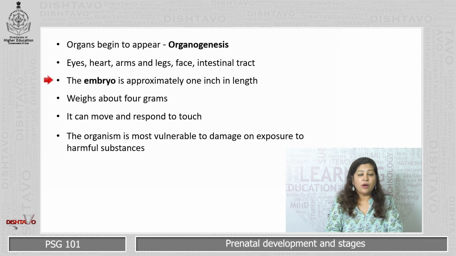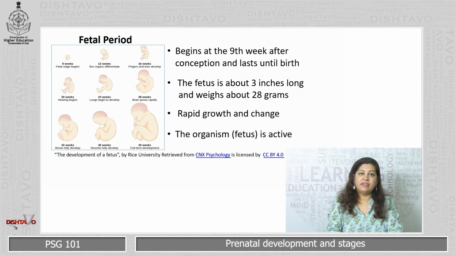The embryo now is approximately 1 inch in length and it weighs about 4 grams. It can move and respond to touch. It is during this period that the organism is considered to be most vulnerable to damage on exposure to any harmful substances.